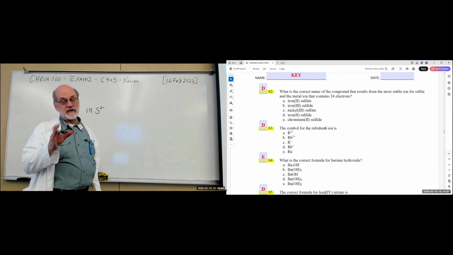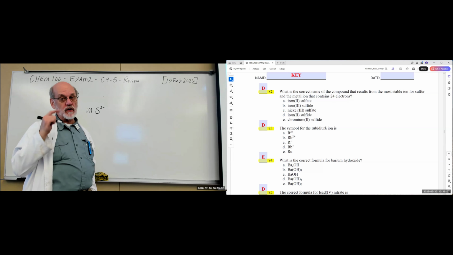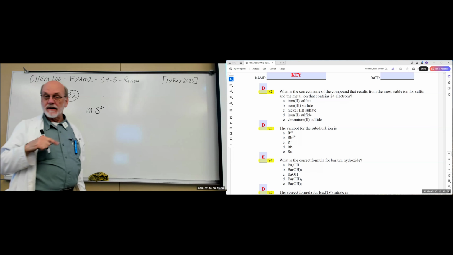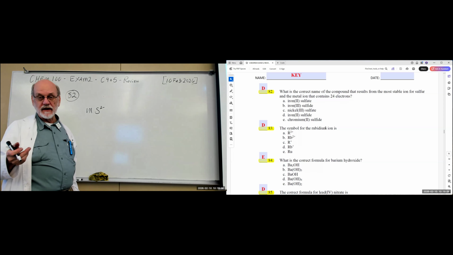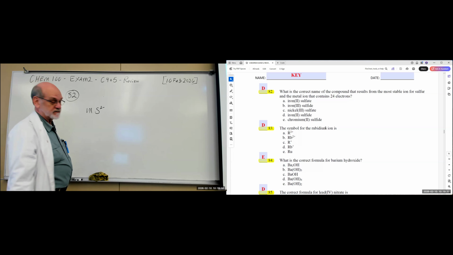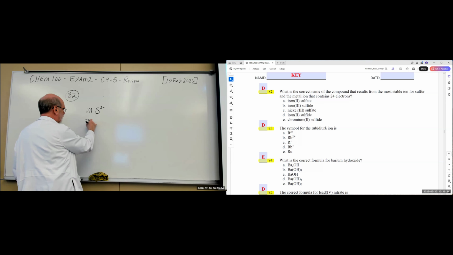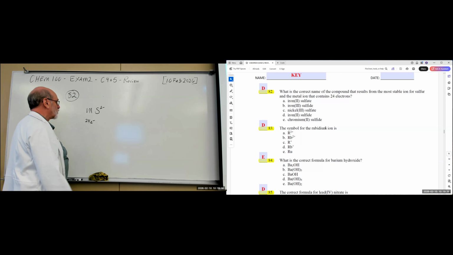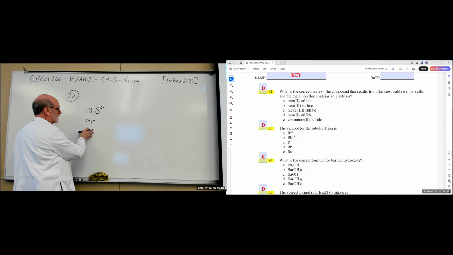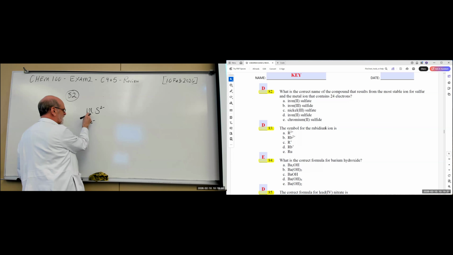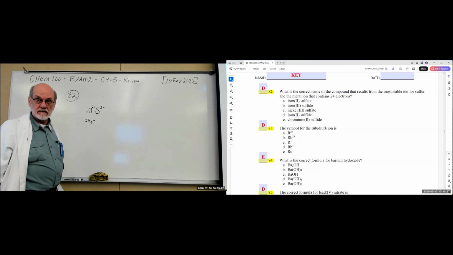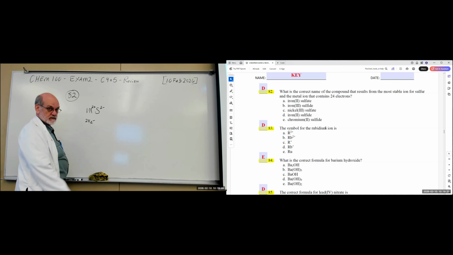Now, there's an assumption we have to make. We have to assume that there's only one metal with this sulfur. Maybe we need more than one sulfur, but we've only got one metal. And this metal has 24 electrons. So which means what? Well, if this metal has to balance that 2- charge, then this one has to be a 2+ charge, doesn't it? Yeah, has to be a 2+.